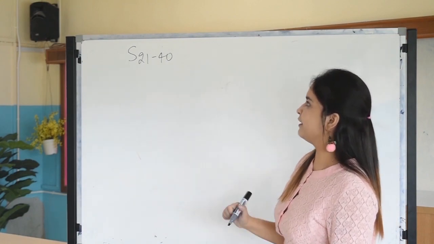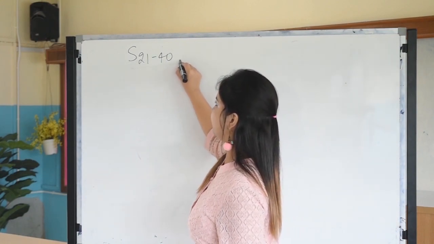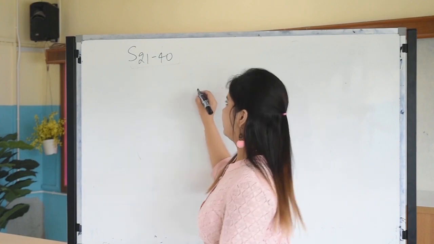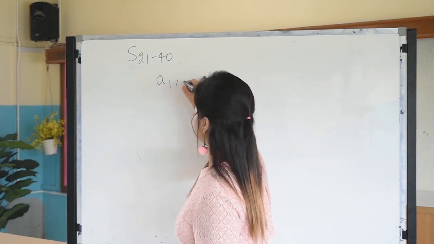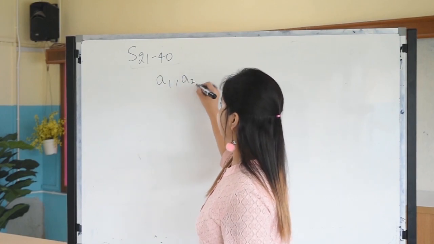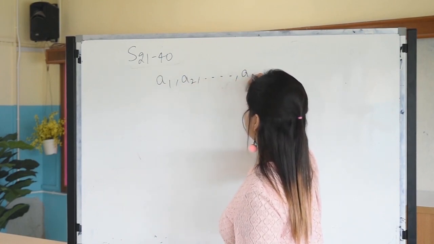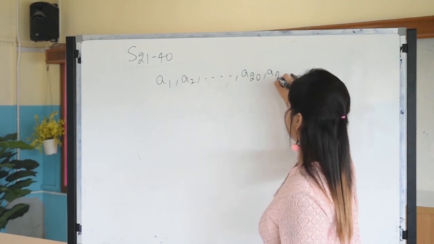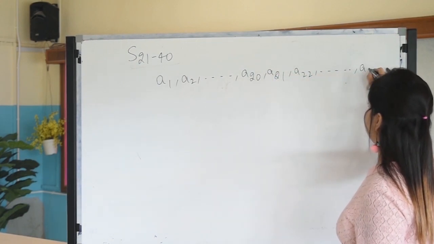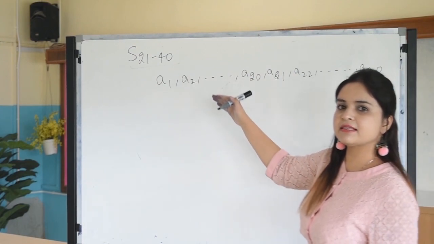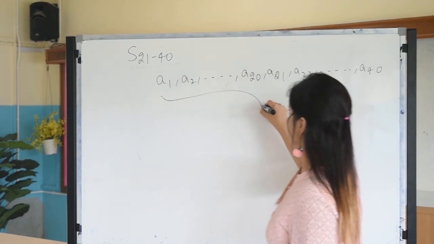Now see, when we look at the expression S21 to S40, these are my numbers a1, a2 up to a20, a21, a22 up to a40. Now these are my 40 terms.